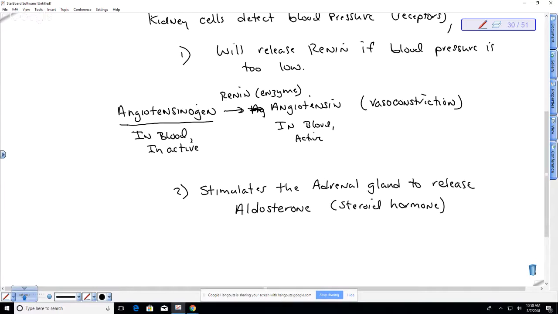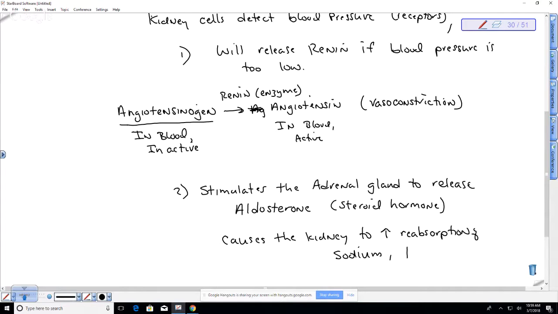What it does is it causes the kidney to increase reabsorption of sodium. When you increase the reabsorption of sodium, that is also going to cause an increase in the reabsorption of water.